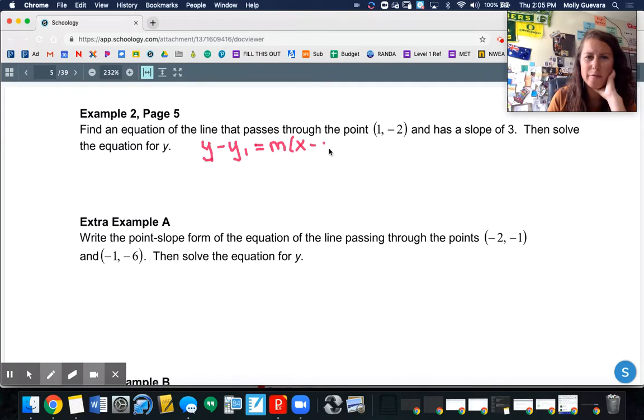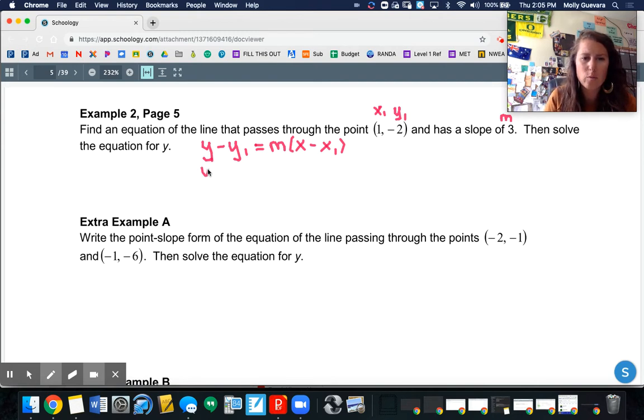So I just copied that from the previous page. It's no big deal. Okay, so this tells me this is my x1. Remember, x and y don't actually change. Only the x1 and y1 change. And then this is y1. And then 3 is my slope, m.